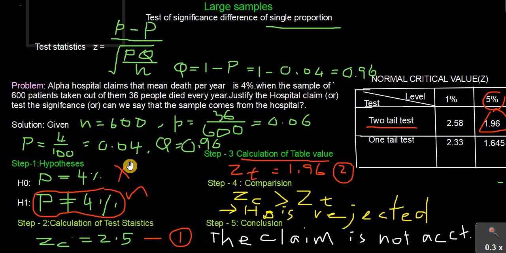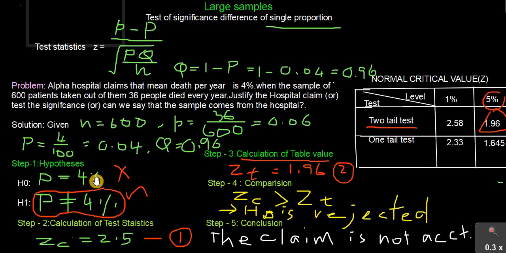Now the null hypothesis we are assuming. We don't know exactly the population proportion, so we take the exact population proportion as P, and that is exactly equal to the claim, 4%. This is called the null hypothesis: there is no significant difference between the exact population proportion and the given claim.